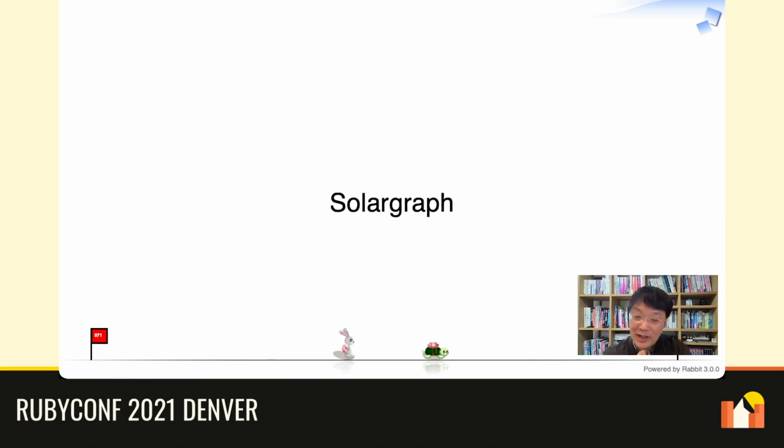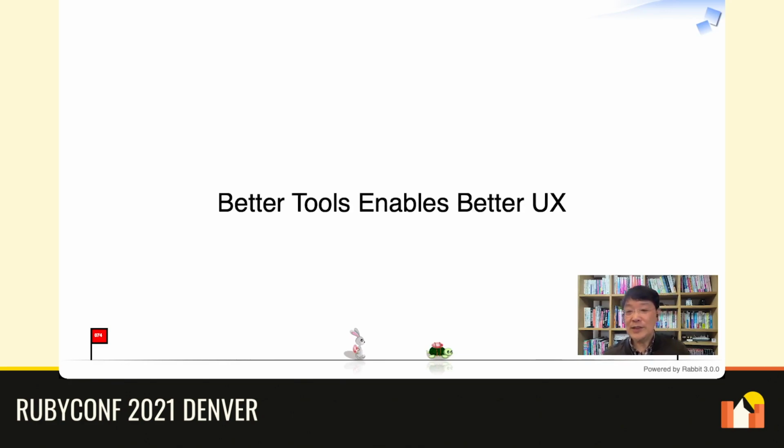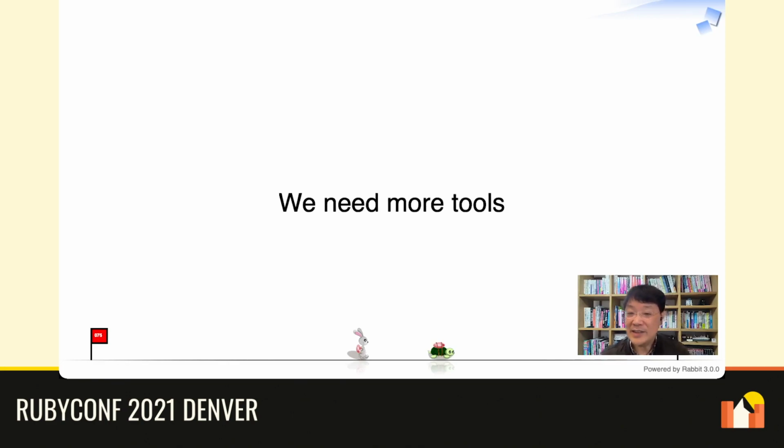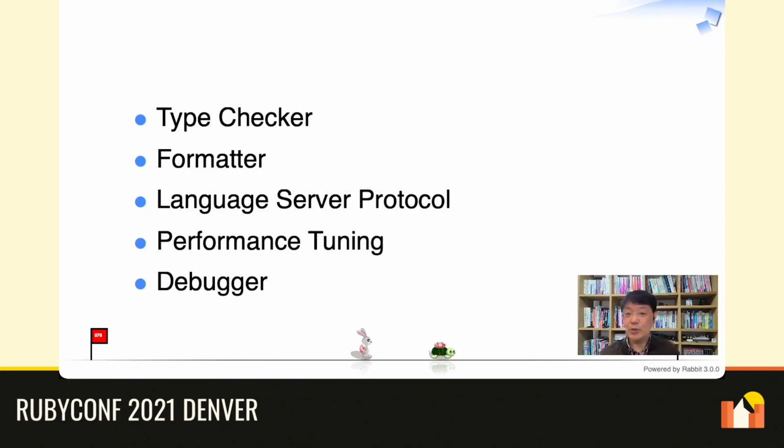So we have Solargraph, which is a language server protocol tool. We have Sorbet, which is a static type checker. We have RuboCop, which is a linter for better code. So those better tools enable better user experiences. And I think we need more tools. We need to improve the type checker, formatter, language server protocol tools, performance tuning tools, and debuggers.